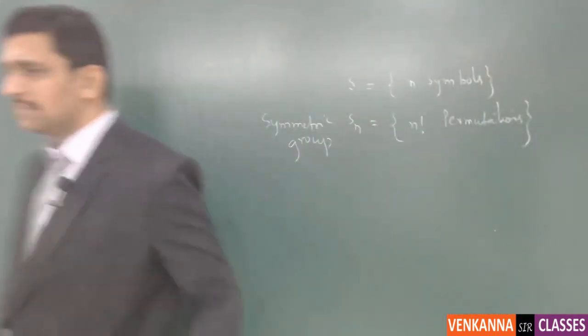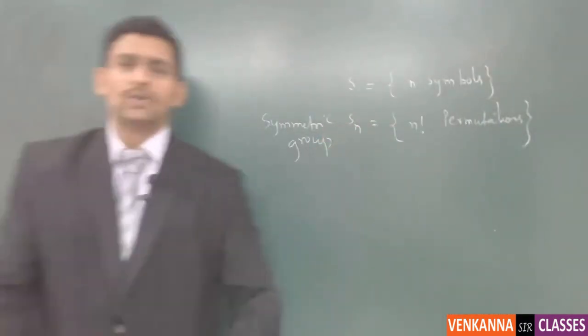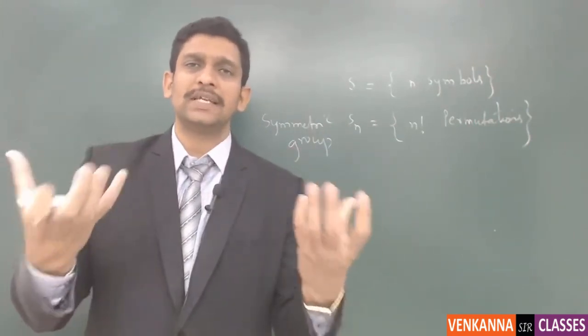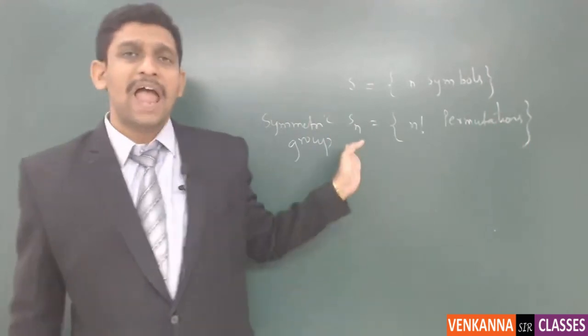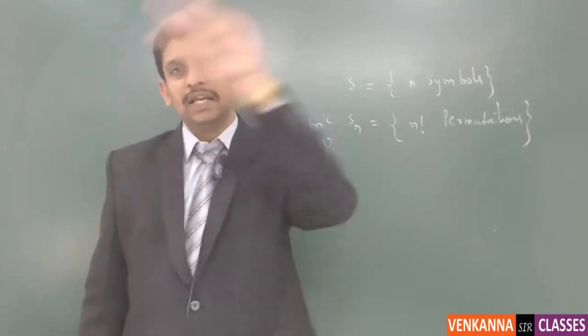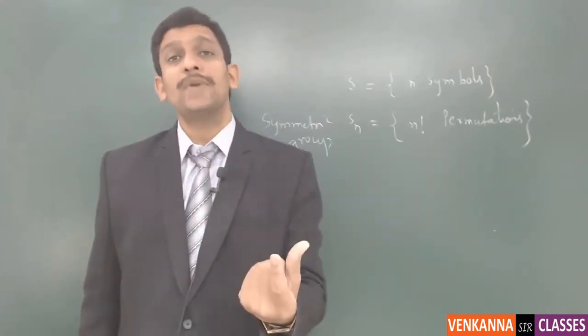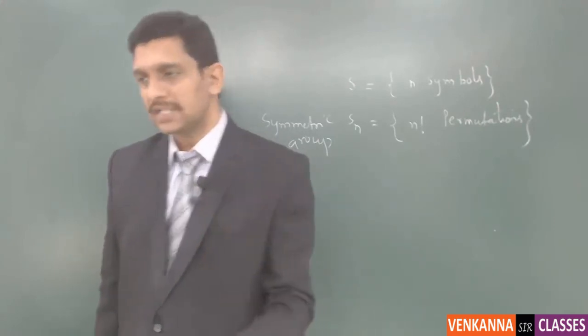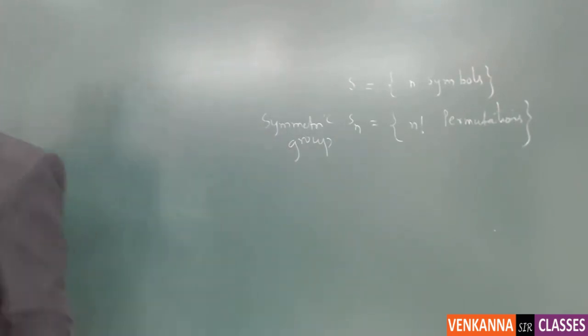Since you know how to bifurcate into even and odd permutations, I want to calculate in the total set how many even permutations and how many odd permutations there are.